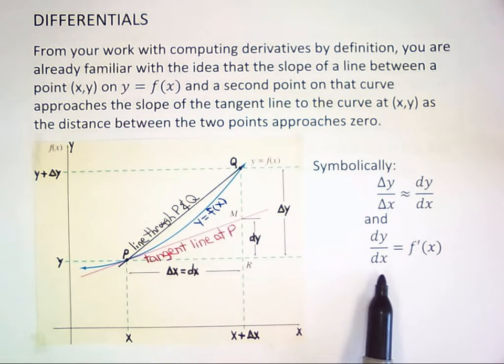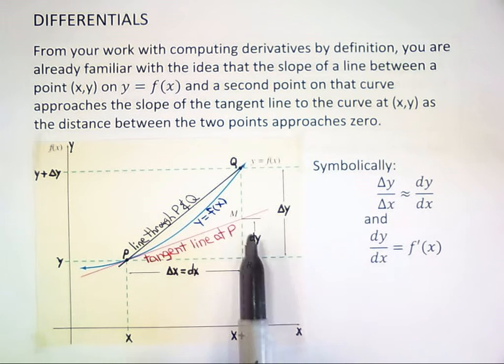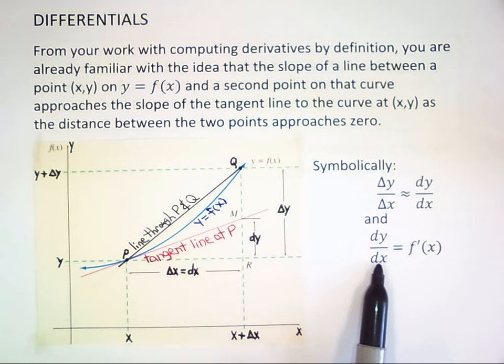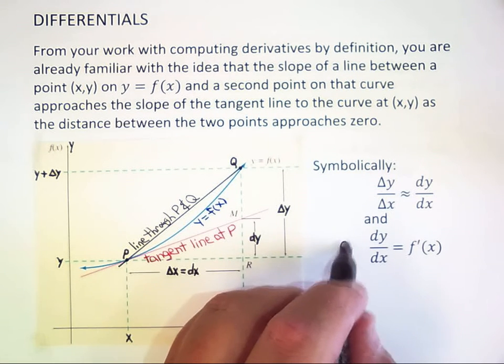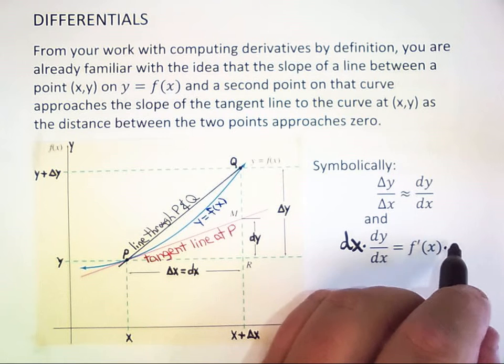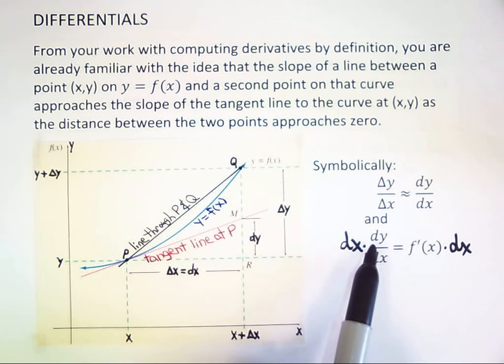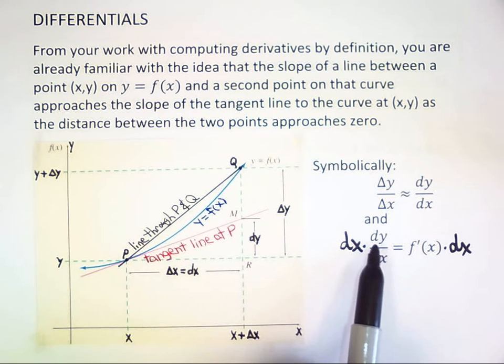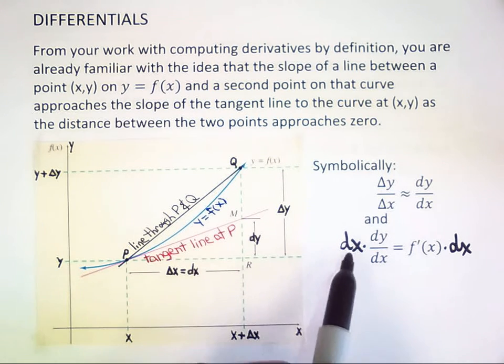Now, if we take it literally that dy is actually a change in y and dx is a change in x, we can treat these as two separate quantities and multiply both sides by dx. That's the idea of a differential: whereas earlier we had a symbol dy over dx standing for derivative, we take literally the idea that dy is some small quantity and dx is some small quantity, and we can actually work with them.